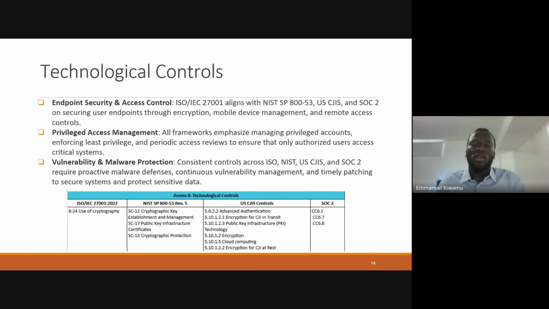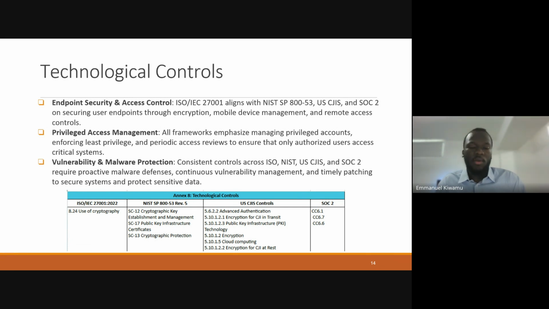And finally, technological controls. ISO emphasizes the need for endpoint security as well as other controls. Endpoint security in terms of encryption, device management, and remote access controls as well. It also emphasizes the need for PAM, which is privileged access management, enforcing least privilege and ensuring that periodic access log reviews are conducted so that authorized users have access only to the critical systems they are meant to access.